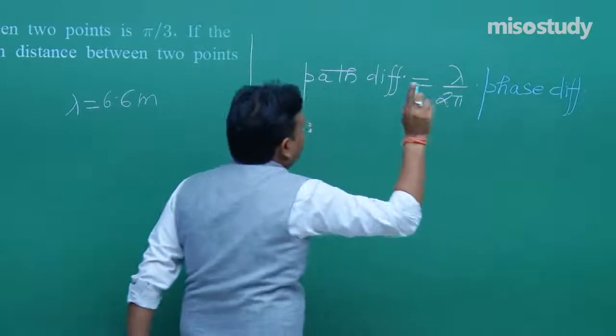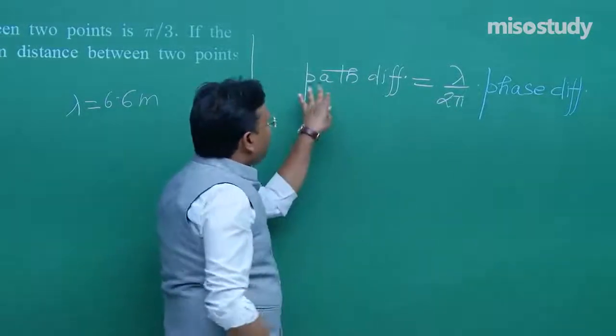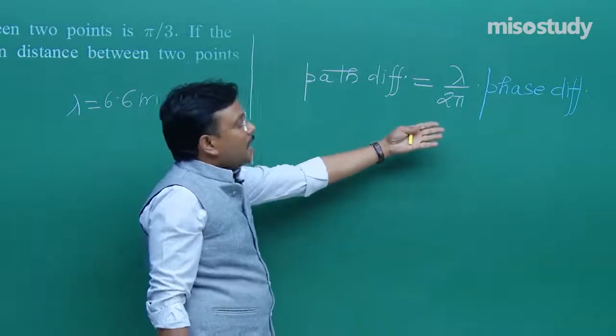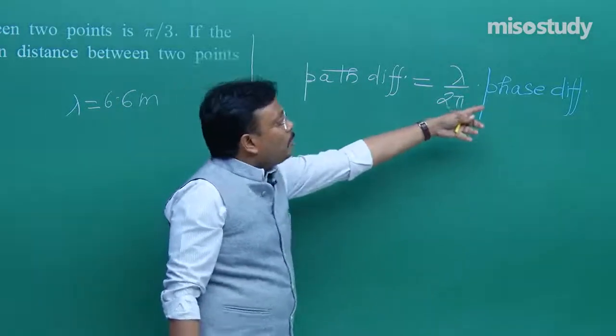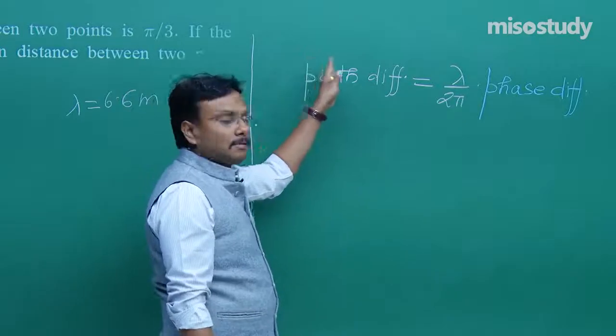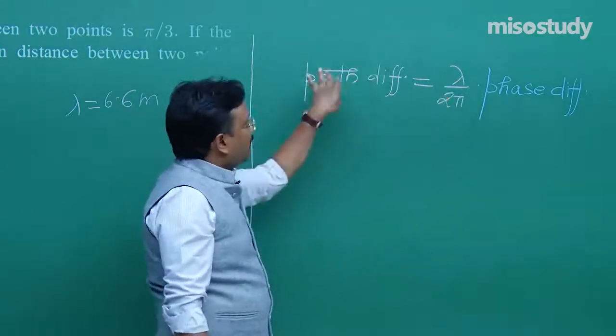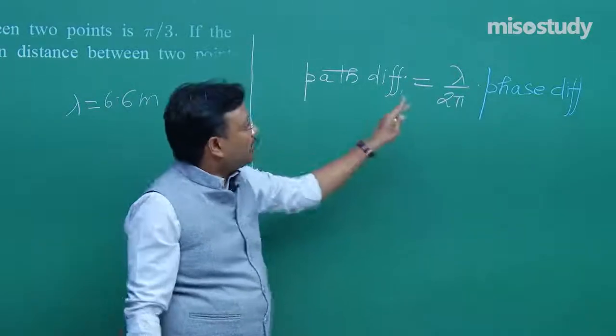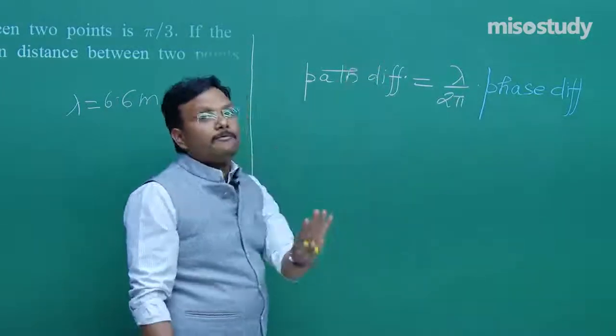Now one important thing over here, either remember the formula in this fashion or remember the formula with 2 pi upon lambda, but one way. It should not be like that, this way, that way, confusion.